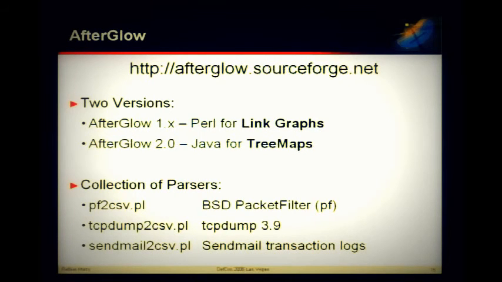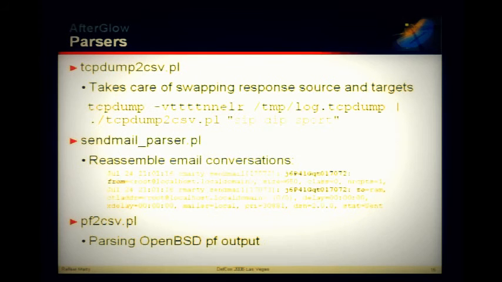There are three parsers: one for the BSD packet filter, one for TCP dump, which I updated to 3.9 recently, so if you're using an earlier version of TCP dump, it might not quite parse it anymore, and one for sendmail. If you look at the parsers quickly, they might actually be quite useful, even if you don't want to do visualization. Here's an example of how to use TCP dump to CSV.